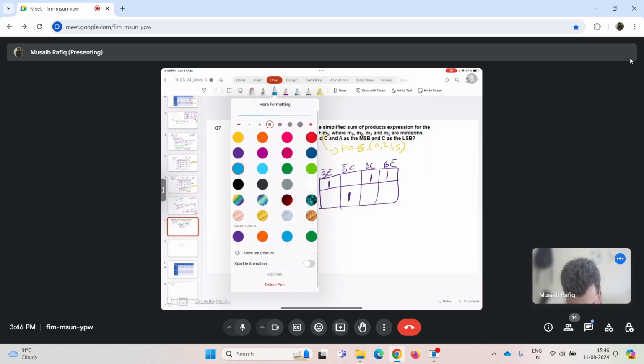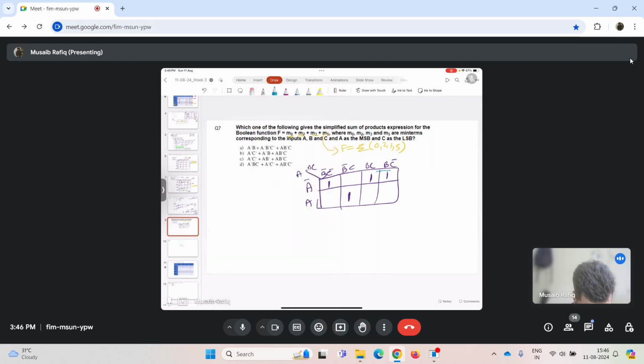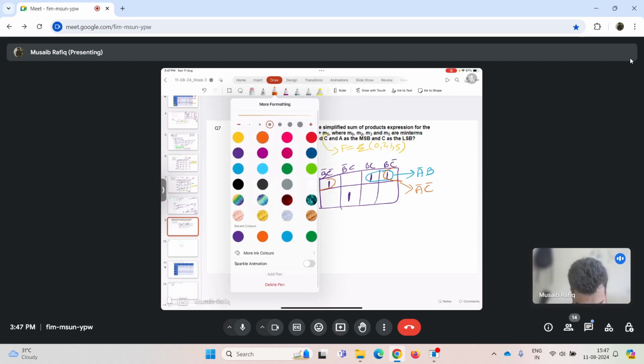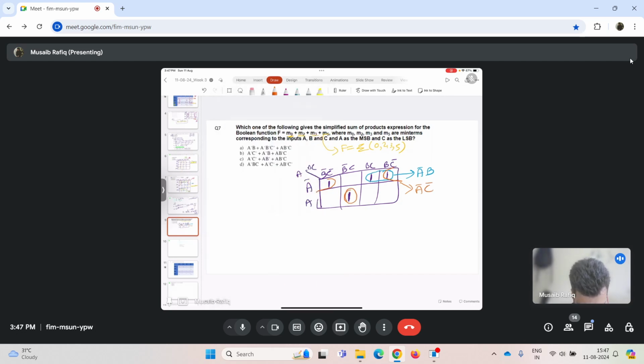Now we will construct the pairs. So this will be one pair whose contribution will be A bar B, right? Then I have another pair whose contribution will be this. This is again A bar C bar, and then I have this minterm that cannot be covered by a pair.